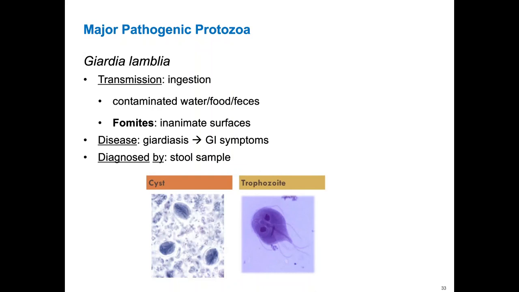And again, similar to our first one, Entamoeba histolytica, it is diagnosed via stool sample, but the cyst and the troph look different. This is probably one of my favorite ones because I just think the trophozoite looks funny and kind of neat. It's like a kite with a smiley face, sort of, or a balloon with a smiley face. So that's the trophozoite phase and the cyst phase.